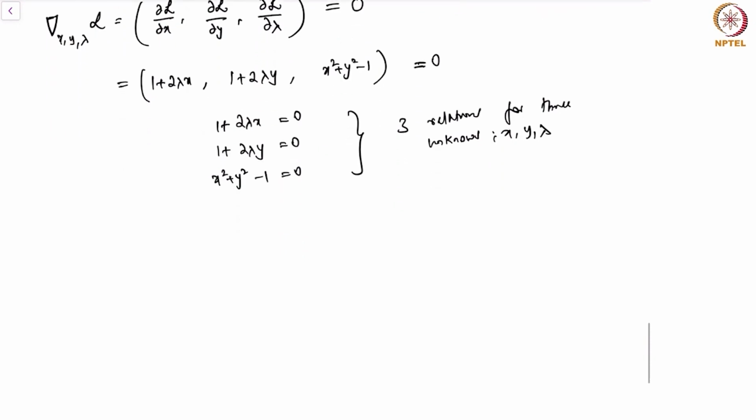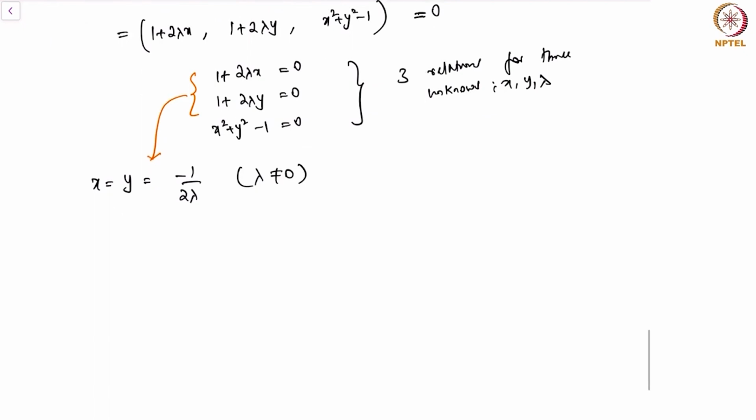We can directly relate from the first two equations. We simply get x is equal to y is equal to minus 1 by 2 lambda. The first two relations simply give us this, and we don't want lambda to be 0. If lambda is 0, we will not be able to impose the constraint.